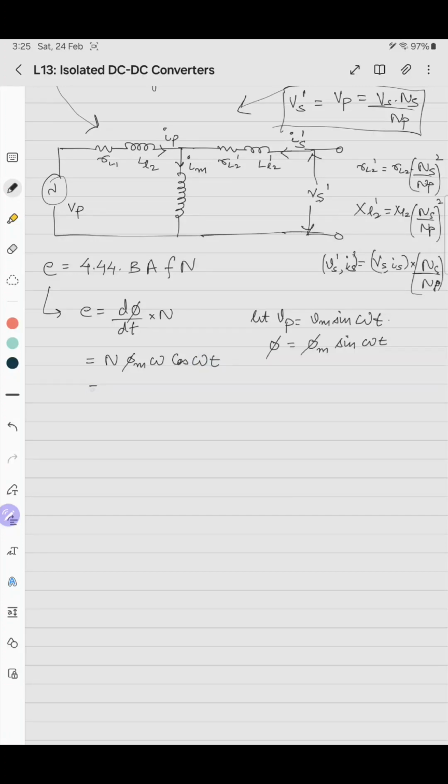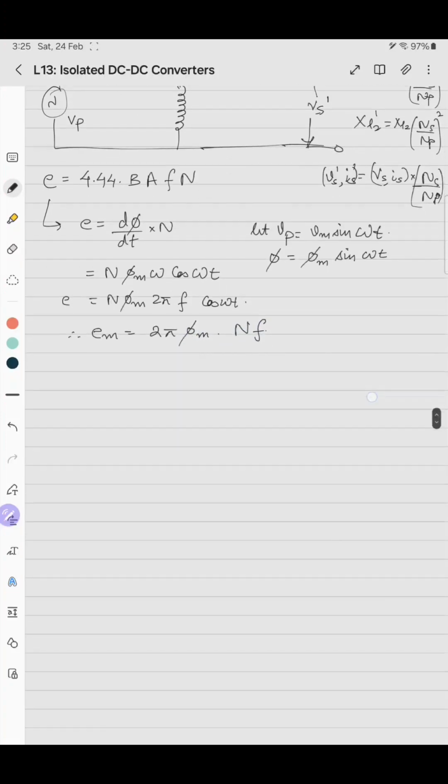You can write this as n into phi m into 2 pi into f into cos of omega t. Therefore Em becomes 2 pi phi m into n into f.